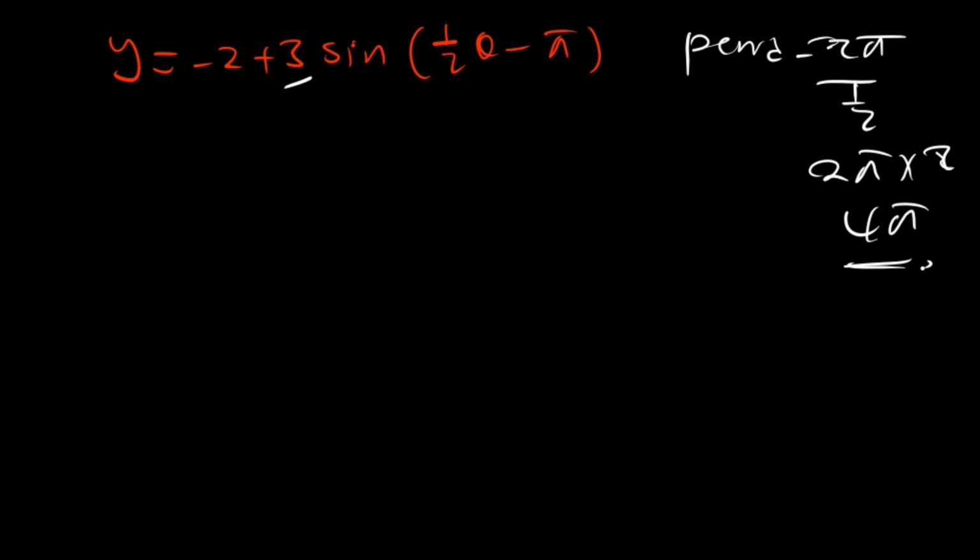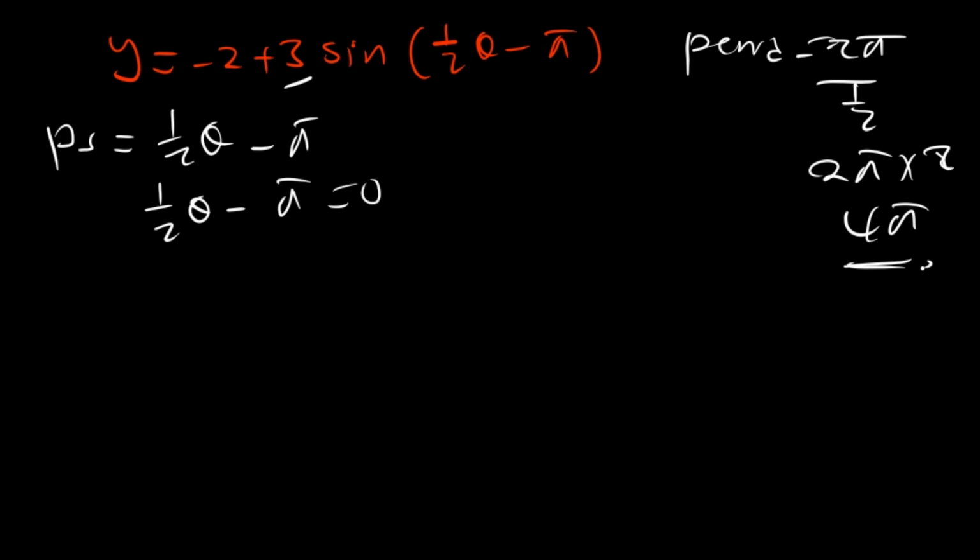The phase shift, get what is in the brackets. So for theta, equate it equal to 0. I'll have 1 over 2 theta minus pi is equal to 0. Shift this to the other side.